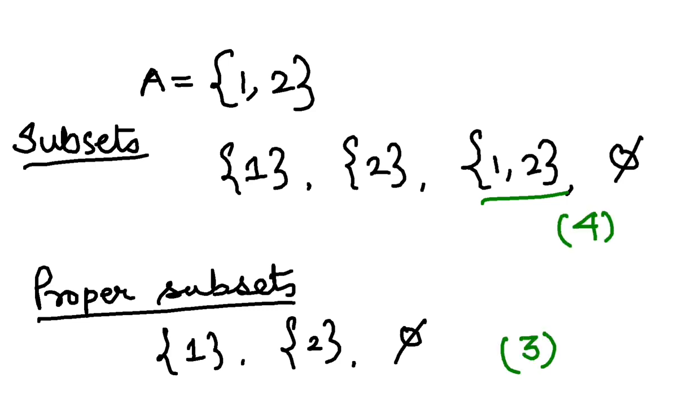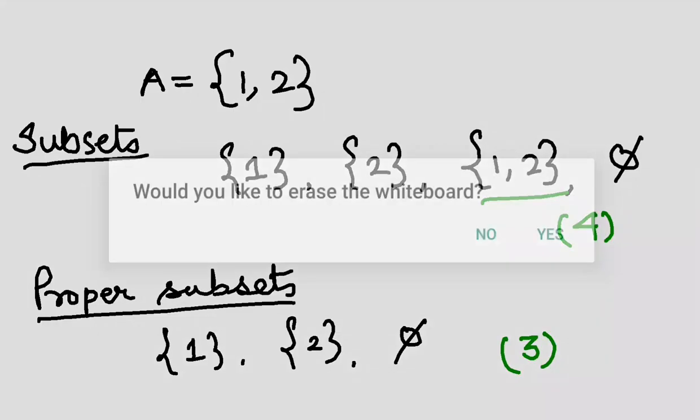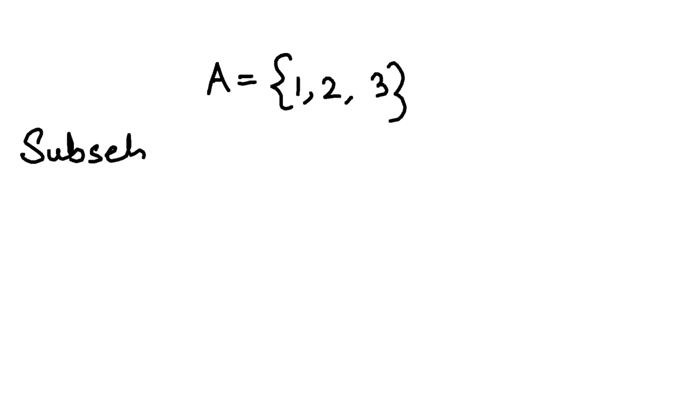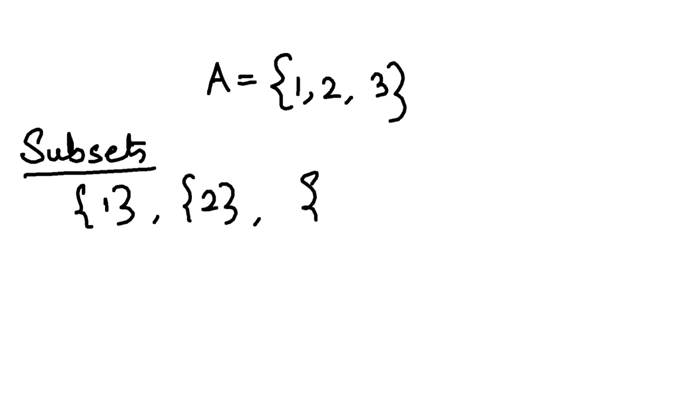3. Okay, let's complicate it further and take a set having 3 elements. Let's say 1, 2 and 3. Now in this case my subsets are, first I'll take one element, so {1}, {2}, {3}.